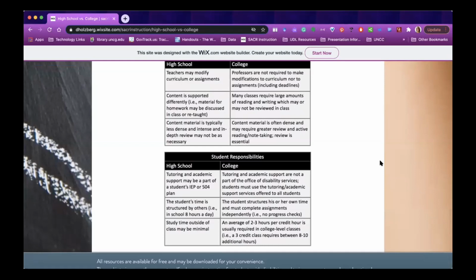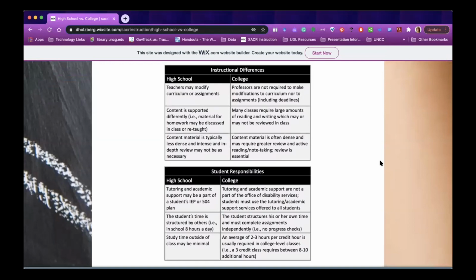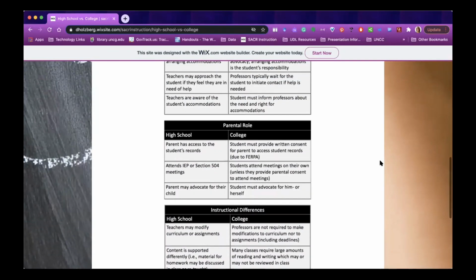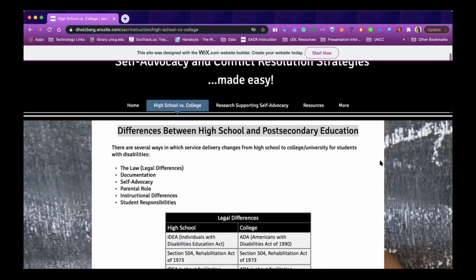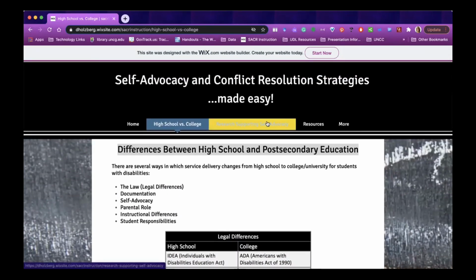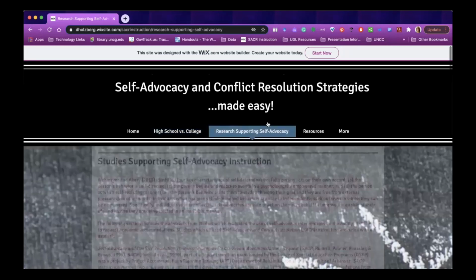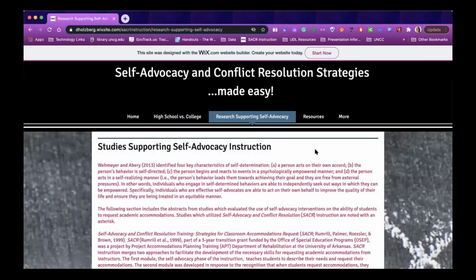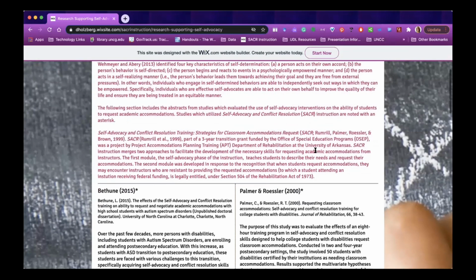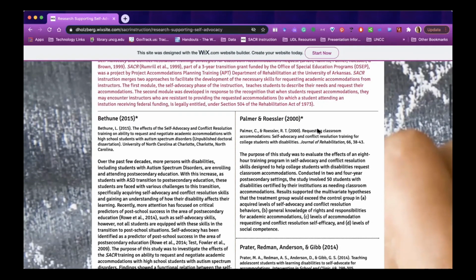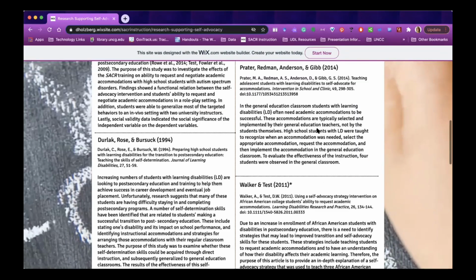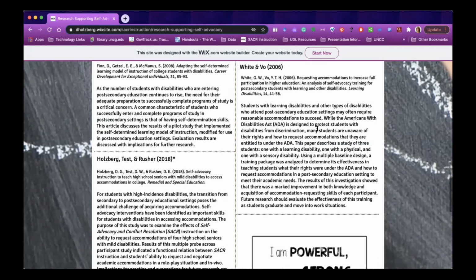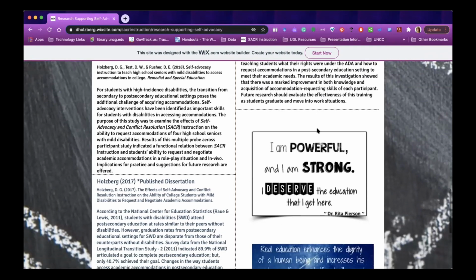And I think that's often really helpful for students to understand what their role is in making sure that they know what the laws say and what their responsibility is as a student. The next tab has research supporting self-advocacy. And this is just a snapshot of some studies that have been done to show how well it works and basically the results. So if you like research and you want to read a little overview, you can do that.